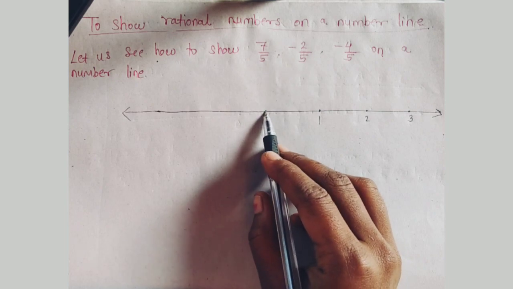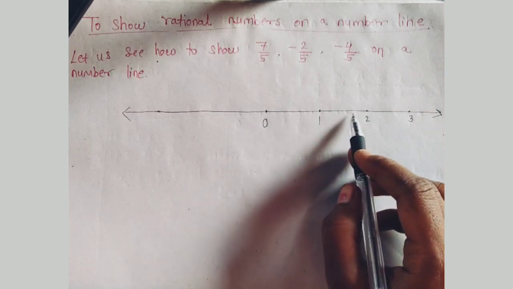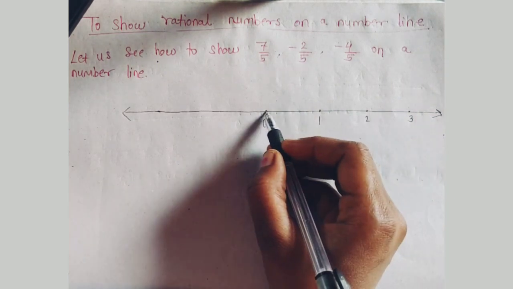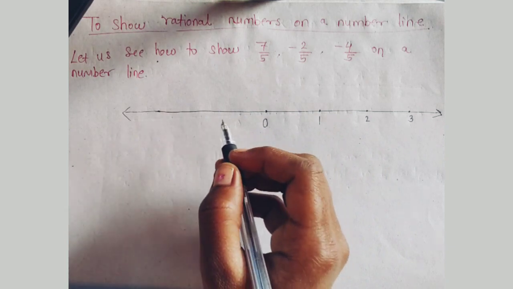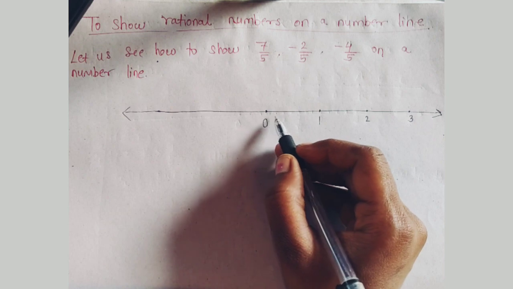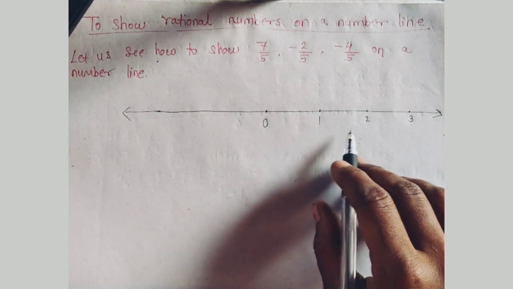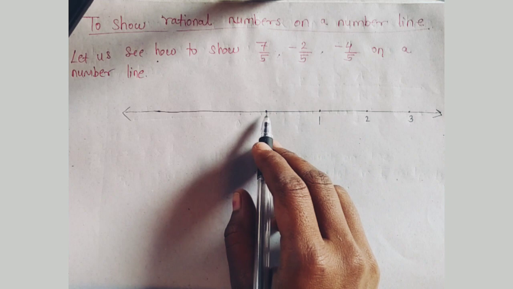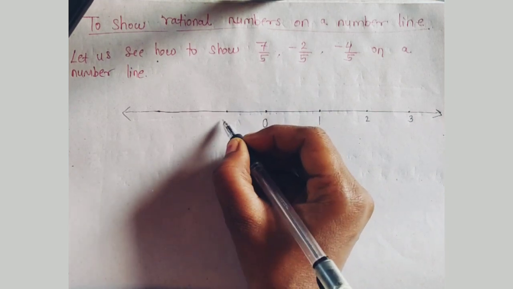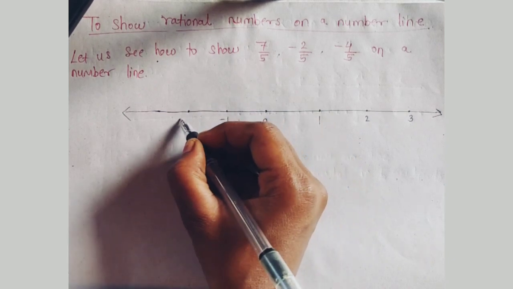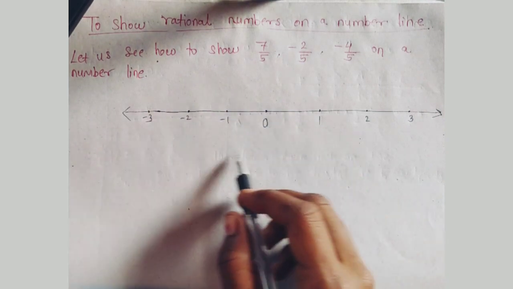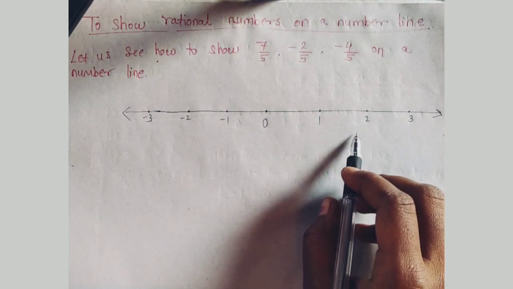Right side of 0, the numbers are always positive integers, and left side of 0, the numbers are negative integers: minus 1, minus 2, minus 3.